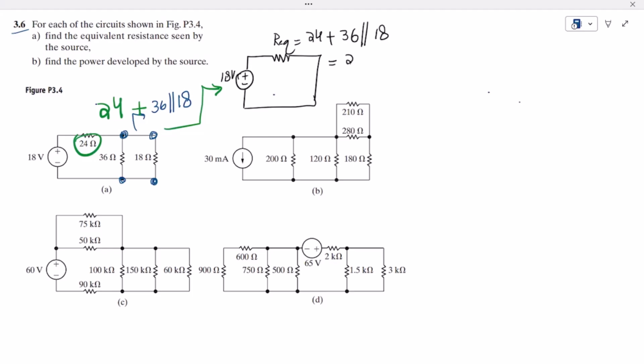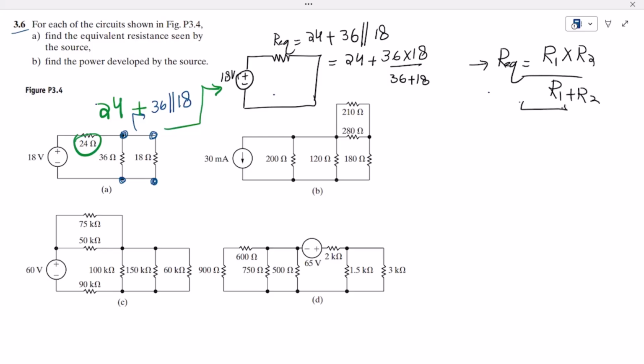It will be 24 plus the 36, 18 parallel combination, which is 36 multiplied by 18 divided by 36 plus 18.